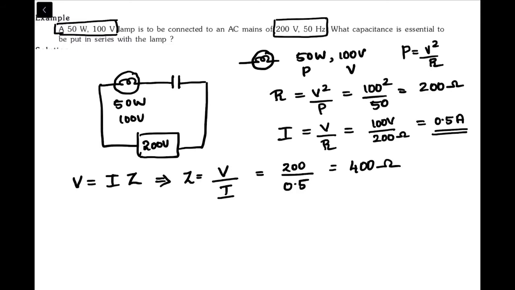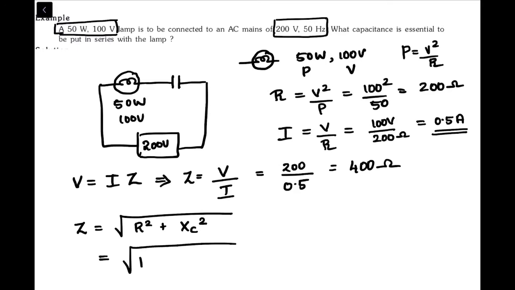Now we know that impedance is equal to root of R square plus (XL minus XC) whole square. Since there is no inductance term here, let me write the capacitive reactance term. Now Xc is equal to 1 by 2 pi Fc. What is our impedance value?